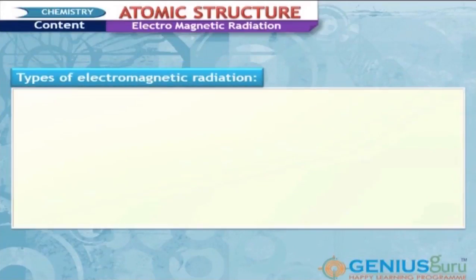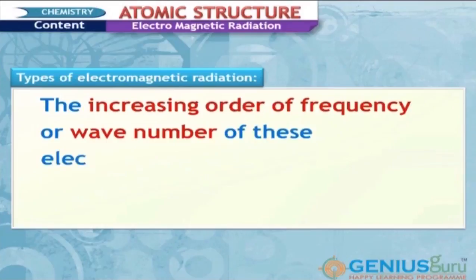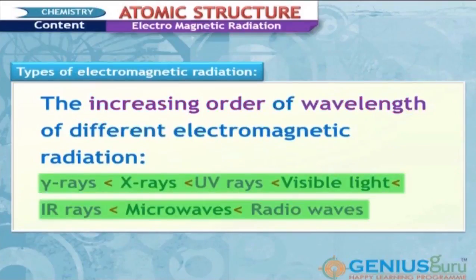Another aspect of electromagnetic radiation is the increasing order of frequency or wave number. Both have the same order, which is just the reverse of the previous wavelength order.